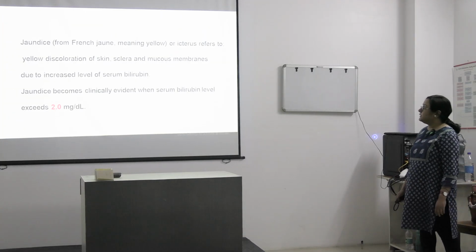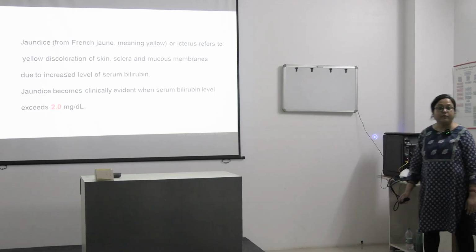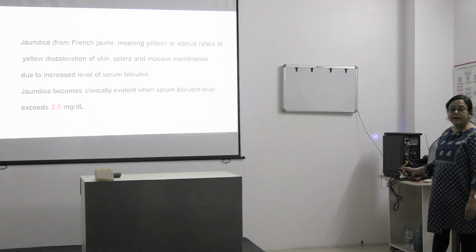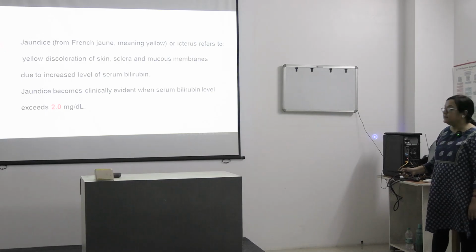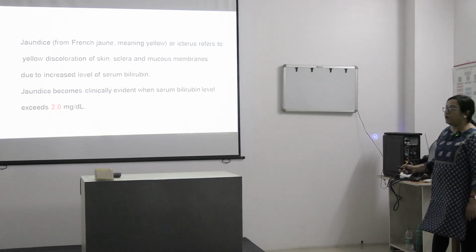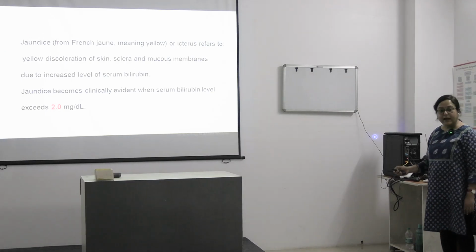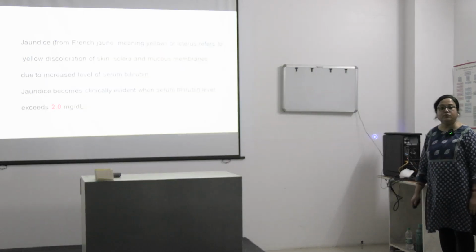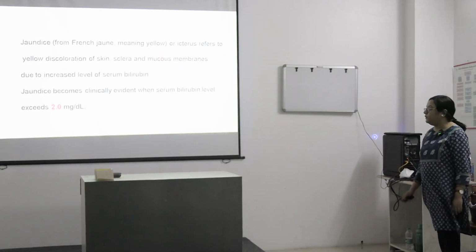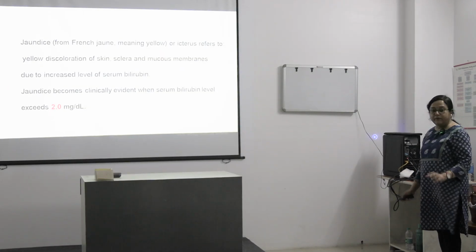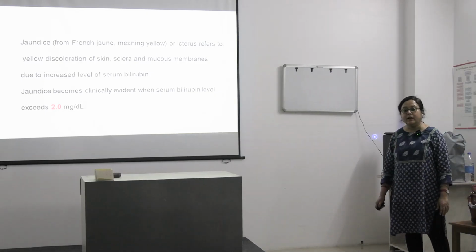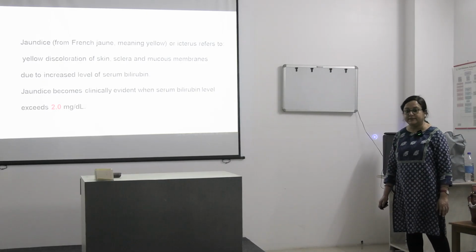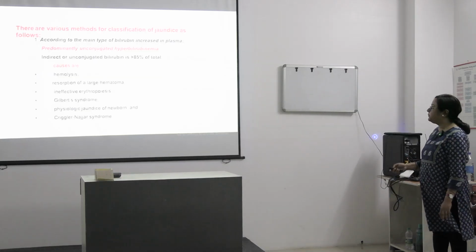What is jaundice? Jaundice is obtained from a French word jaune meaning yellow. Jaundice is also called icterus. It is yellow discoloration of skin, sclera and mucous membrane due to increased level of bilirubin. Jaundice is evident, means we can identify that a person is having jaundice when the serum bilirubin exceeds 2 milligram per dl.